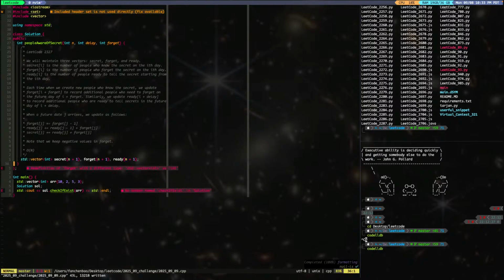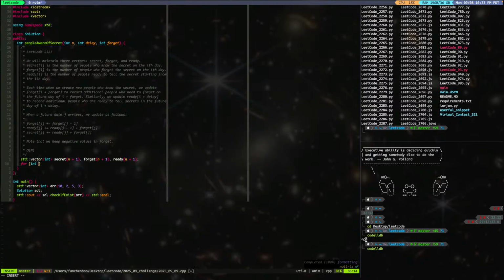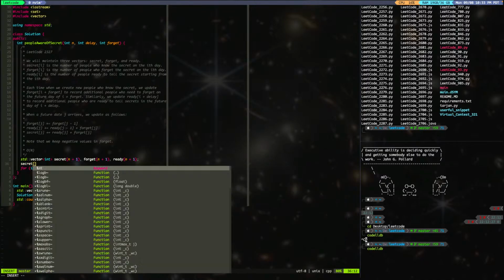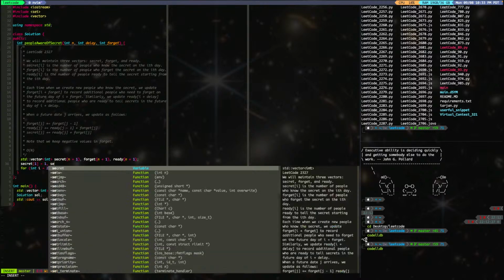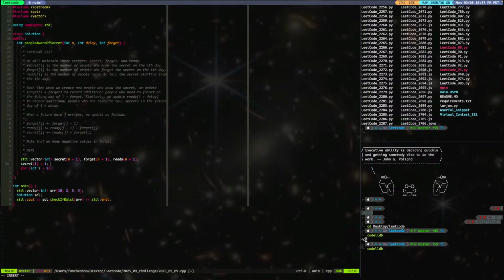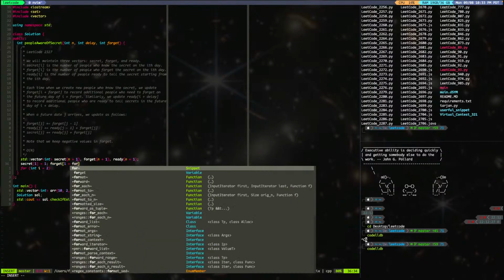Okay, and for int i equal to two, because I should say secret 1 equal to 1, forget 1 plus forget.